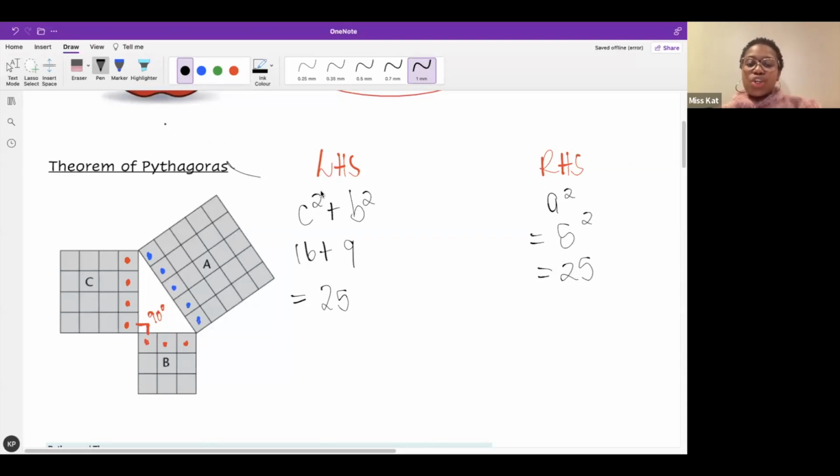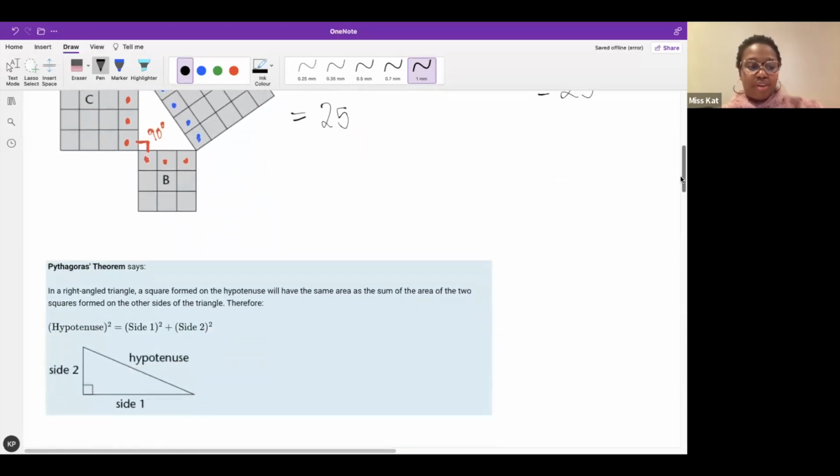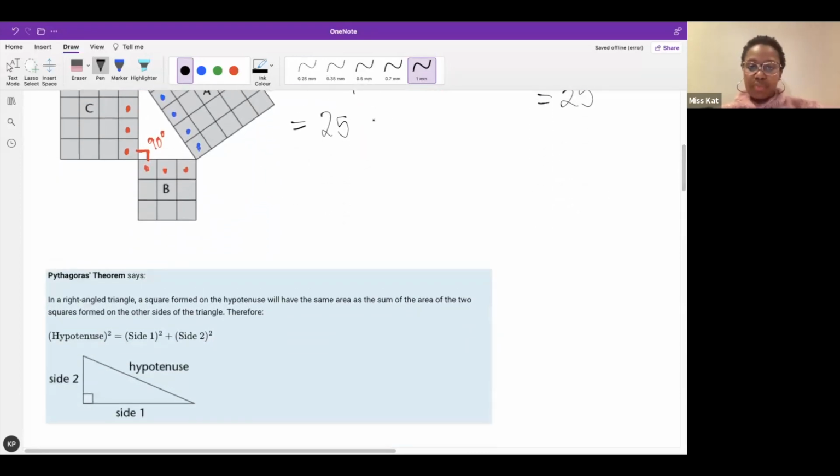He figured you can draw squares, or you can square the values of the shorter sides, and it will equal the value of the longer side. And as Abu has so nicely provided for us, there is our definition. In a right angle triangle, a square that is formed at the hypotenuse will have the same area as the sum of the area of the two shorter squares.